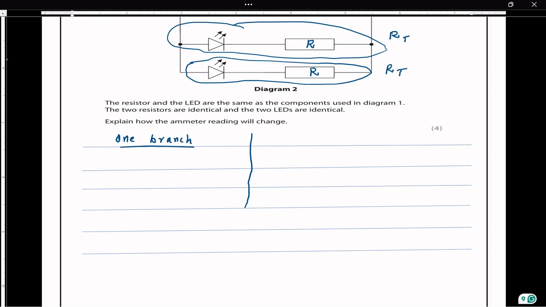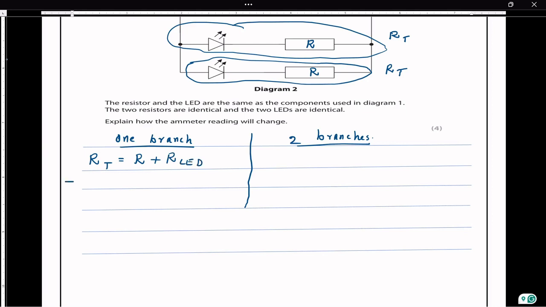Let's see what the total resistance of one branch is, which is the fixed resistor plus the resistance of the LED, but we don't know how much the resistance of the LED is. Okay, R plus R of LED. This is the meaning of total resistance.